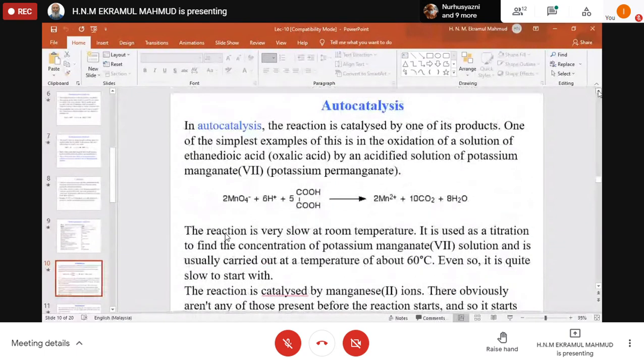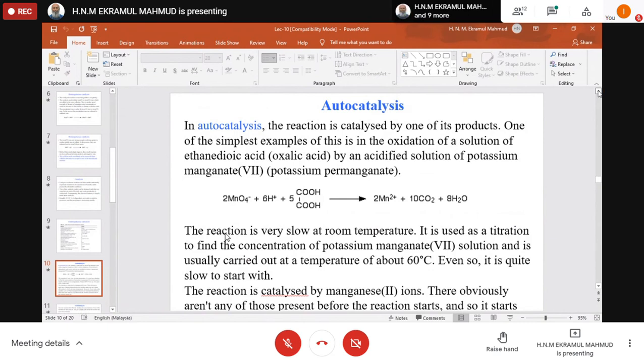Now we have autocatalysis. In autocatalysis, the reaction is catalyzed by one of its products. Do not confuse autocatalysis with automobile catalysis. In the exhaust pipe of a car or motorcycle we have a catalytic converter.